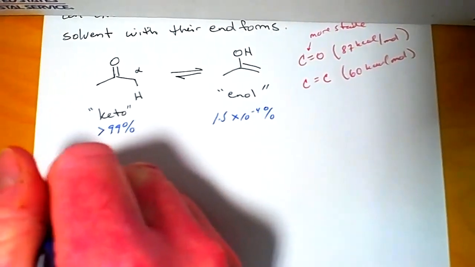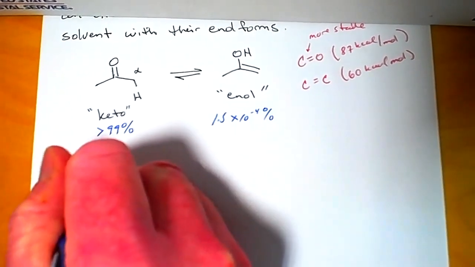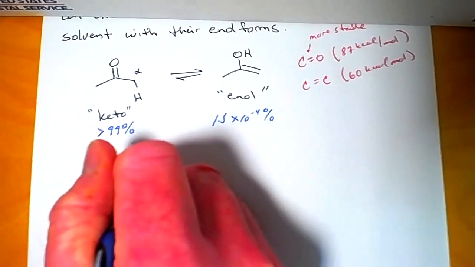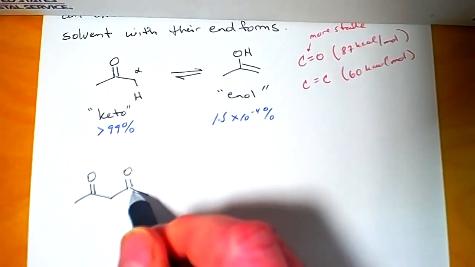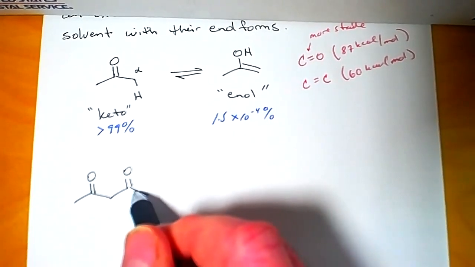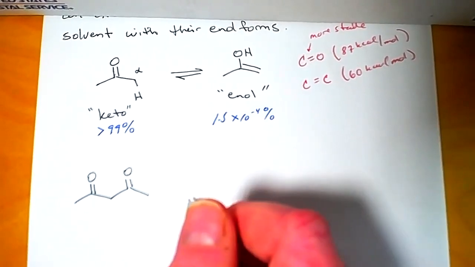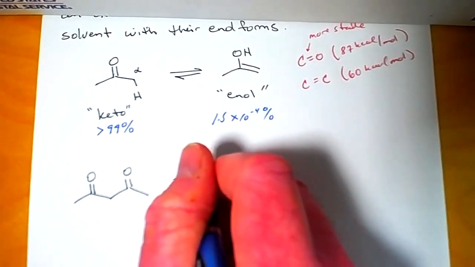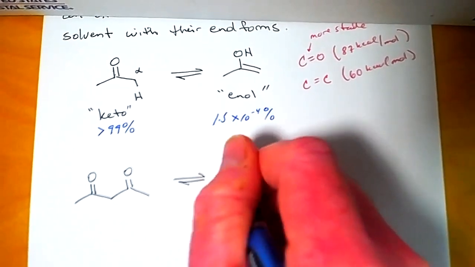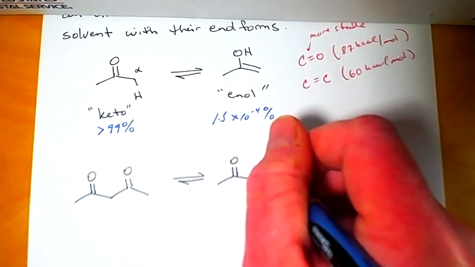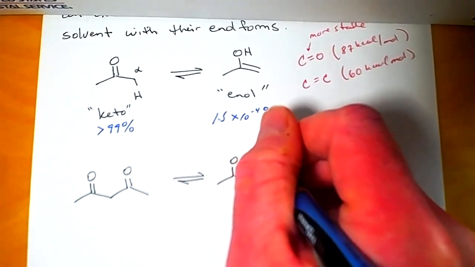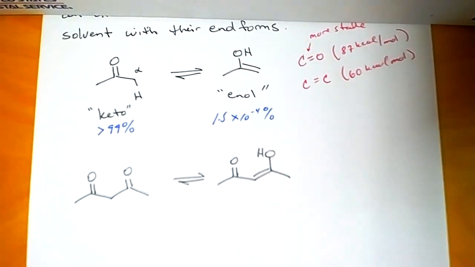There are some other things you should consider, which is, well, what if you were to have some neighboring groups close by? So if we were to have, let's say, this species, which is called a beta keto ketone, so you have a carbonyl here that's at the beta position. In this particular system, if we were to draw out its enol form with one of those carbonyls, it would look something like this.